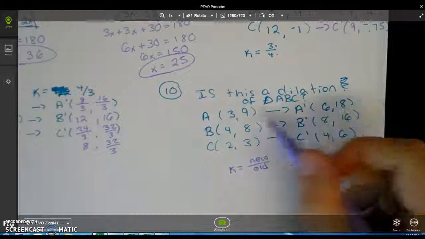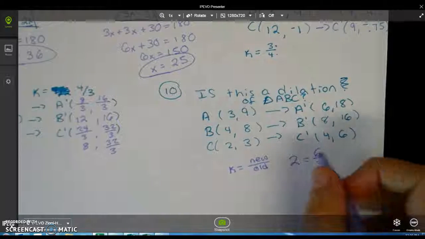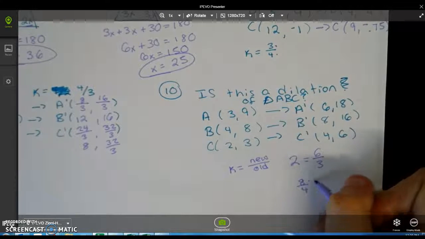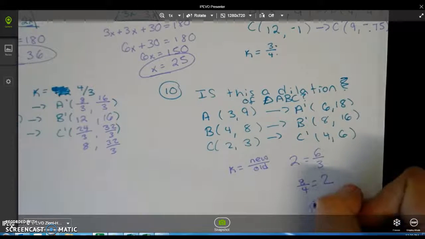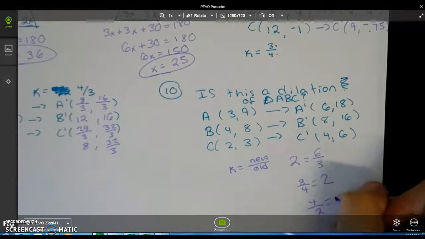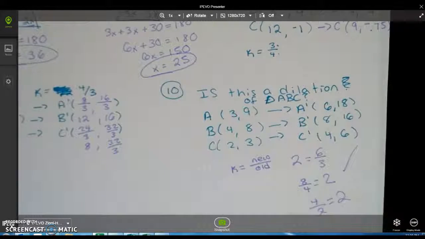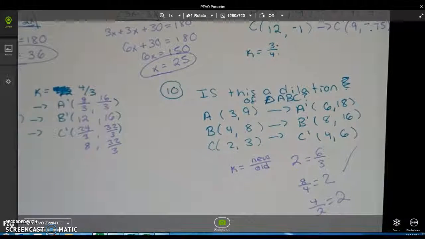Right? 18 over 9 would be the same thing. For B, I have 8 over 4, which is also equal to 2. 16 over 8 is the same thing. For C, I have 4 over 2, which is 2. So yes, this is a dilation because all of my scale factors are the same.